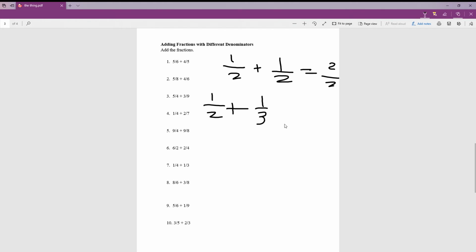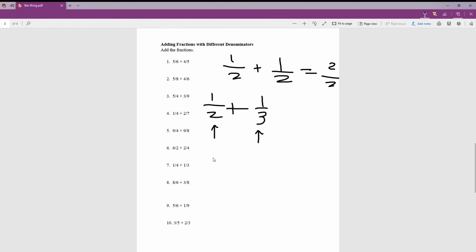This is a little bit trickier, so what you would need to do is convert the 2 and the 3. Now, you can't just convert into anything. You need to find the least common denominator. And to do that, you either have to guess and check, or in this case, you would multiply these two numbers together, because then you know that each number is going to be a factor of that number.